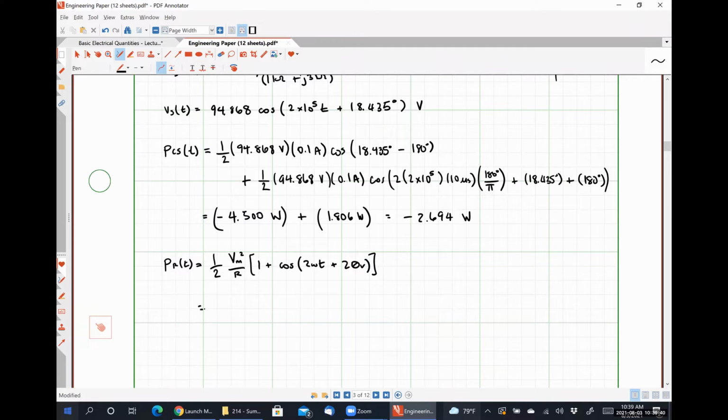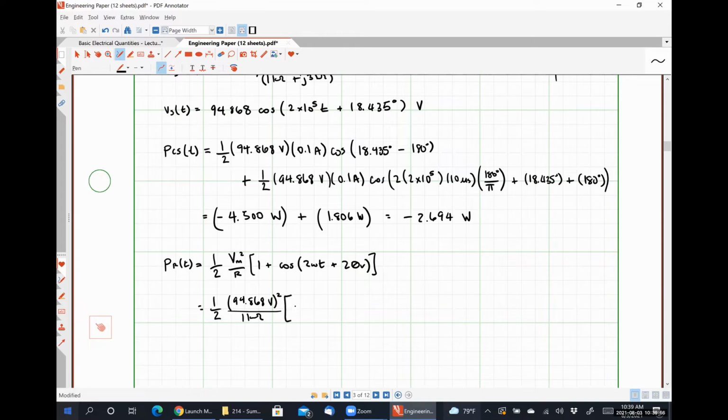So in this case, 1/2, my voltage is 94.868 volts squared divided by my resistor value of 1 kilo ohm.